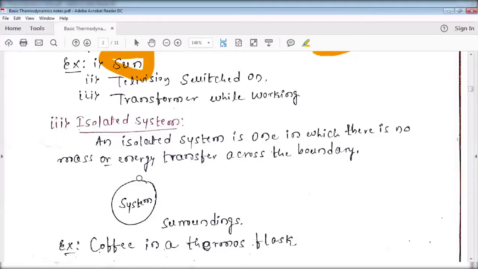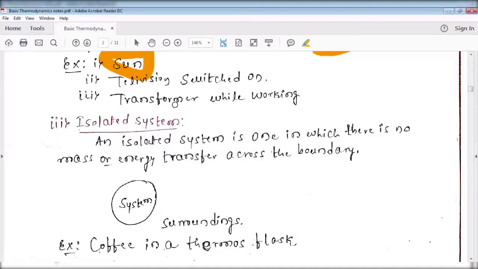Once the system is perfectly closed, there is no chance to transfer mass from system to the surrounding or from surrounding to the system. Next, it is perfectly insulated. Once it is perfectly insulated, there is no chance to transfer energy from system to the surroundings or from surroundings to the system.